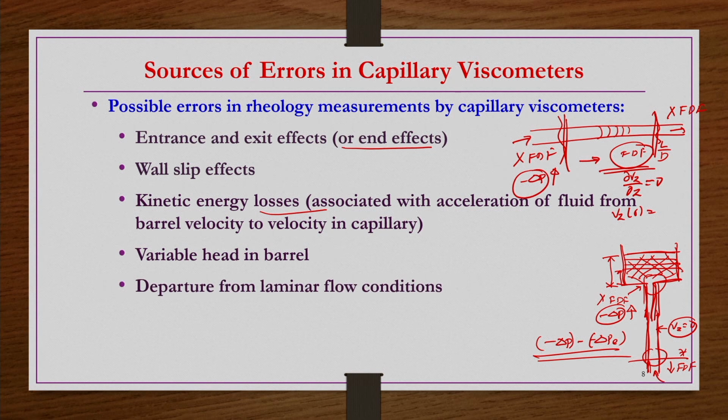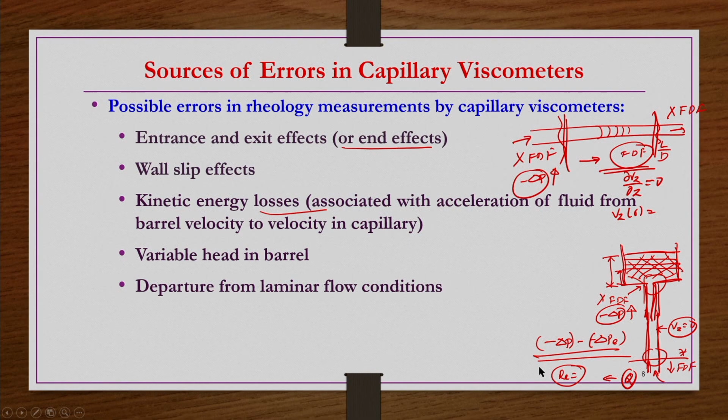Then departure from laminar conditions. Your flow rate you are measuring, but corresponding to that, what is the Reynolds number? You are not measuring it actually, because you cannot measure it, because you do not know the nature of the fluid. If it is Newtonian, then the Reynolds number definition is different. If it is shear thinning, it is different, and different in the sense that different parameters, n prime and m prime, would be coming into the picture, right.